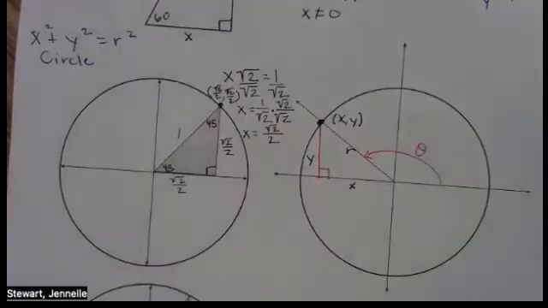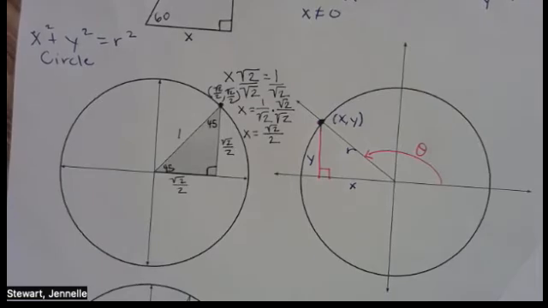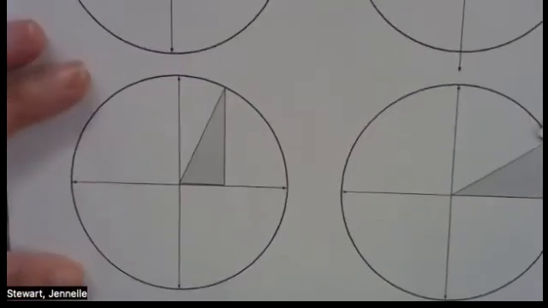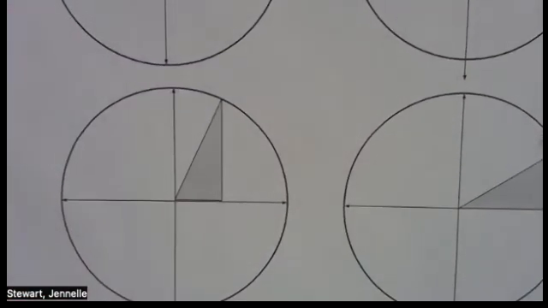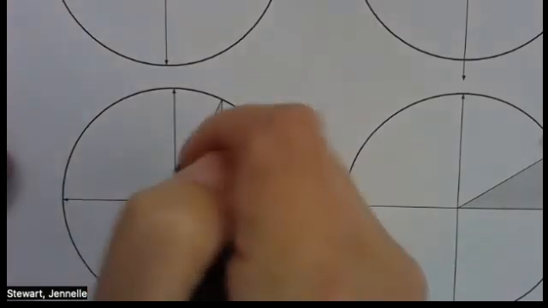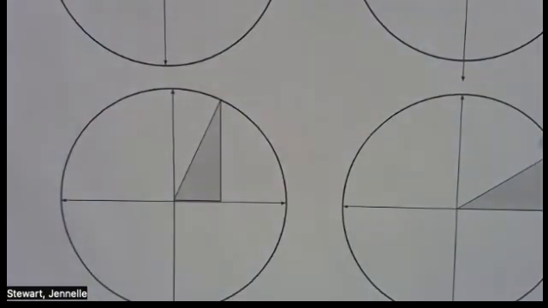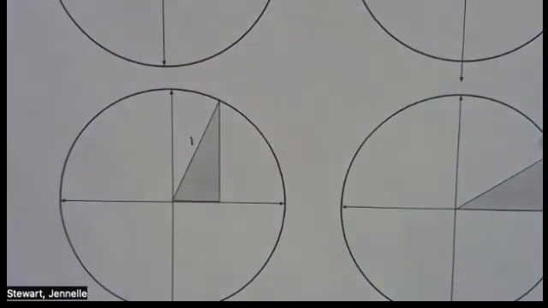Okay, let's go to special triangles, 30-60-90. What's my radius? R. But in the unit circle, what's my radius? 1.